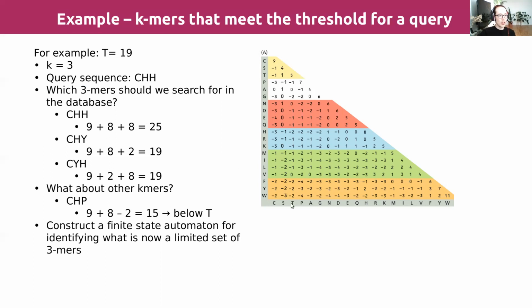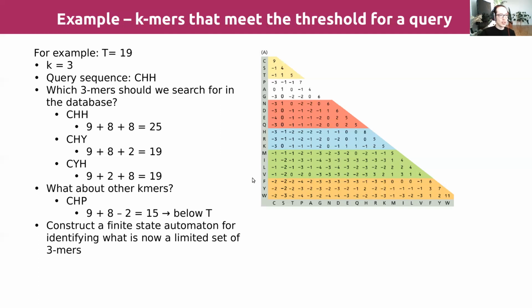So there's a mismatch between the Y and the H, of course. But if we look in a BLOSUM62 matrix here, and we look up under H and Y, it gets a +2. So 9 plus 8 for the 2 matches, and then +2 for the mismatch. This scores 19, and this meets our threshold.